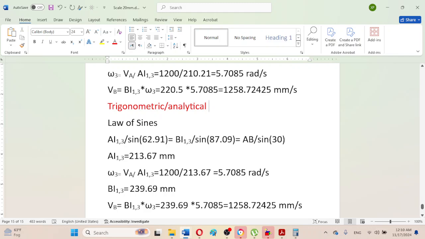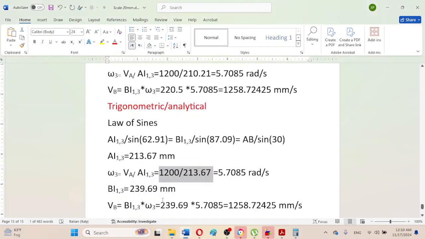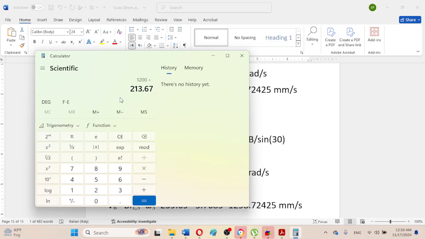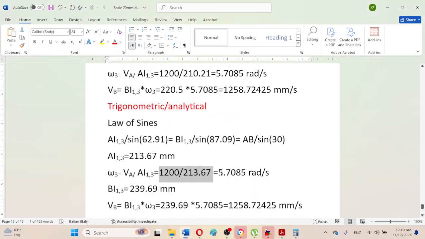Here actually this value has not been changed, because this value was actually 5.616, which I did not paste here.